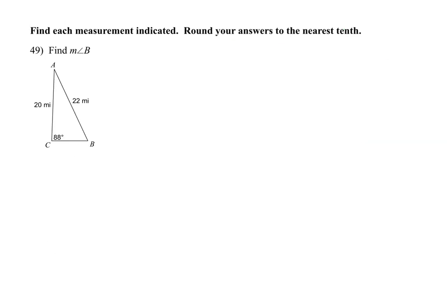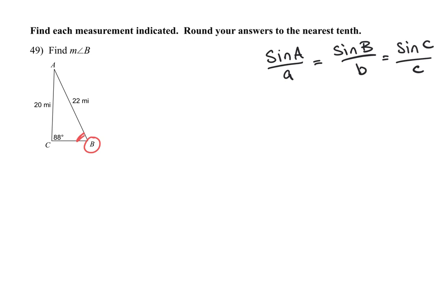There is a relationship in a non-right triangle here. The sine of one angle and the side opposite creates a ratio between all three of the angles. And you can flip them as well depending on what you're solving for. So like for this one, they want us to find angle B. Angle B is what is in question here.